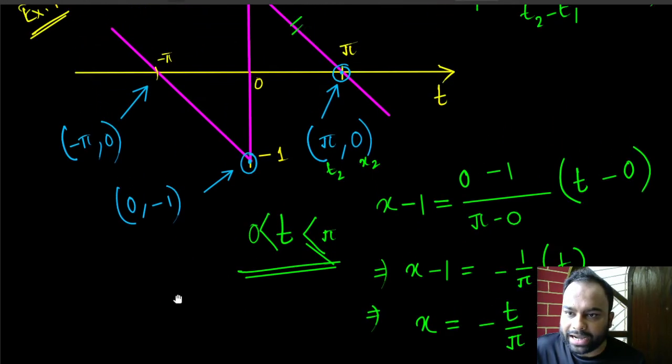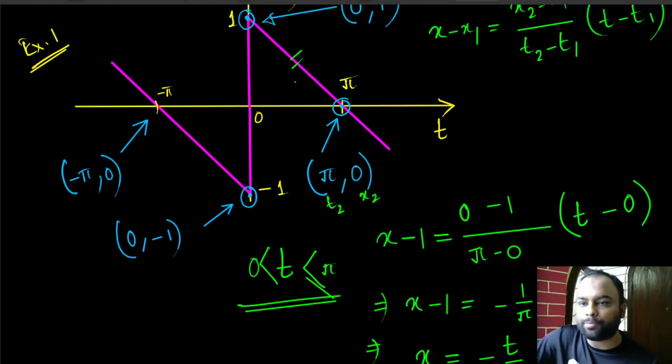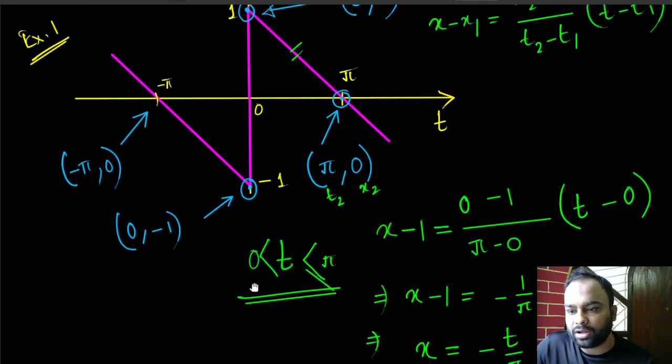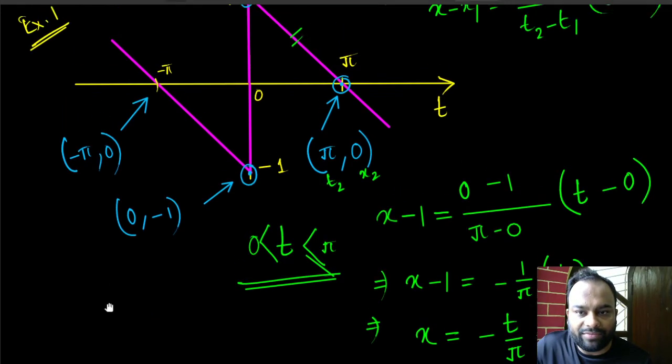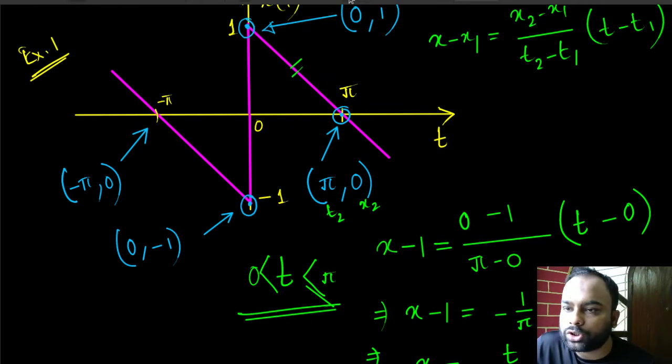So with that said, now we can say that this portion of the signal has the expression minus t by pi plus 1. In a very similar fashion, we can also calculate the expression for this other portion of the signal, right?